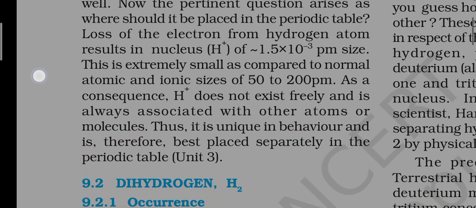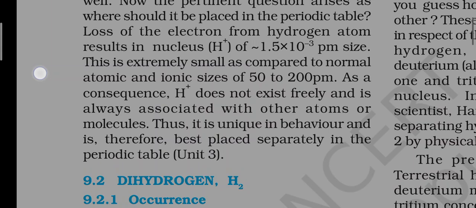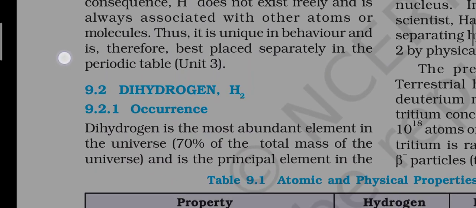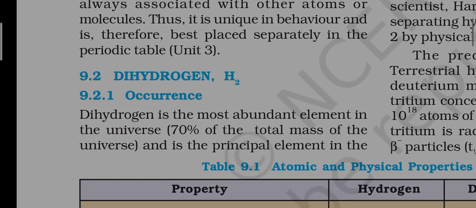This is extremely small as compared to normal atomic and ionic size of 50 to 200 picometer. As a consequence, H⁺ does not exist freely and is always associated with other atoms or molecules. Thus, it is unique in behavior and is therefore best placed separately in the periodic table.